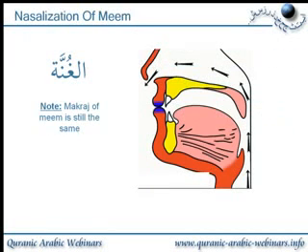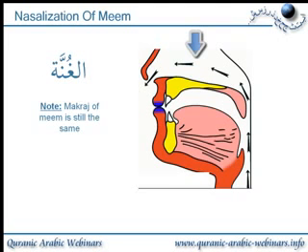In terms of the nasalization, this is the diagram that you will see under Makharij diagrams. For the Meem nasalization, i.e. the Ghunna of the Meem, you are still using the lips, as is its proper makhraj. However, you're vibrating the sound through the nasal cavity.